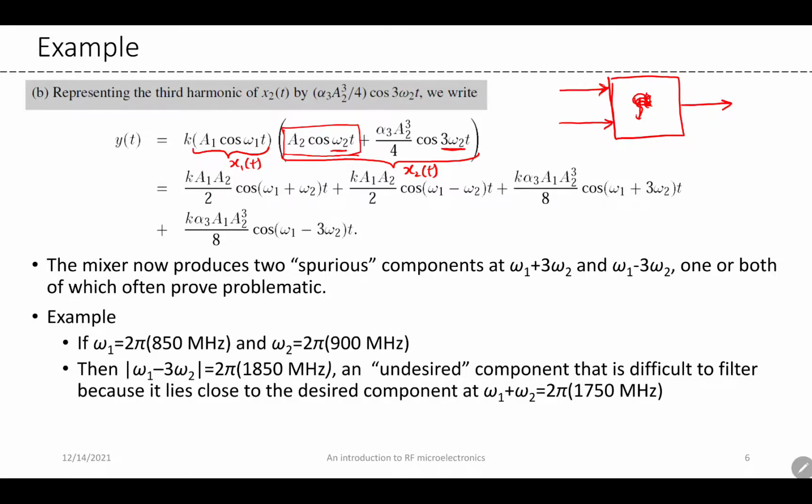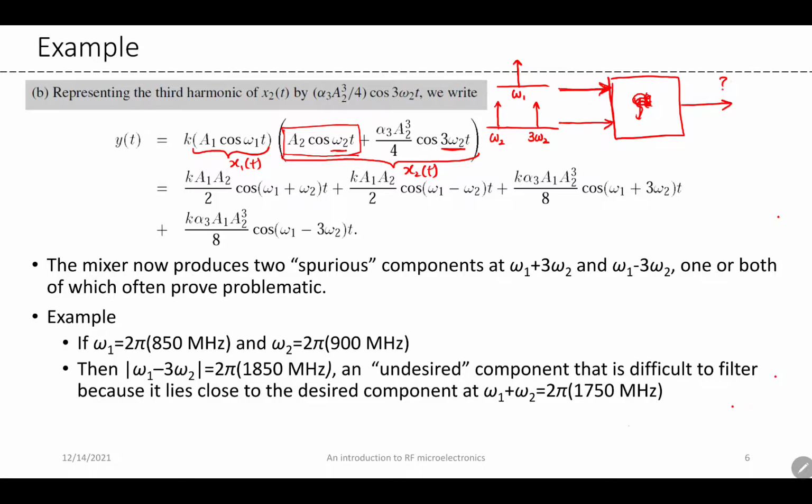Now we have a system. At the input we have two signals. One is at omega 1. Earlier the other one was just omega 2, but now it is omega 2, and there's also a 3 omega 2 term. That is being supplied to this.